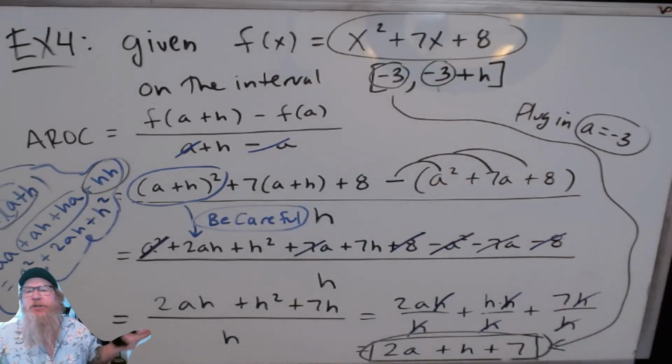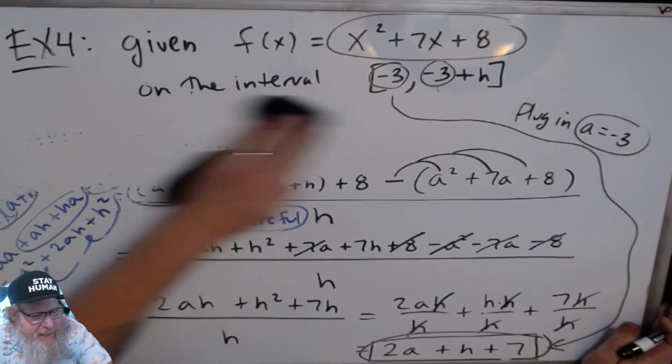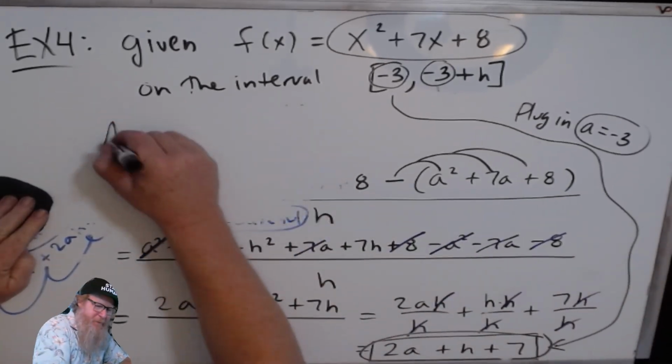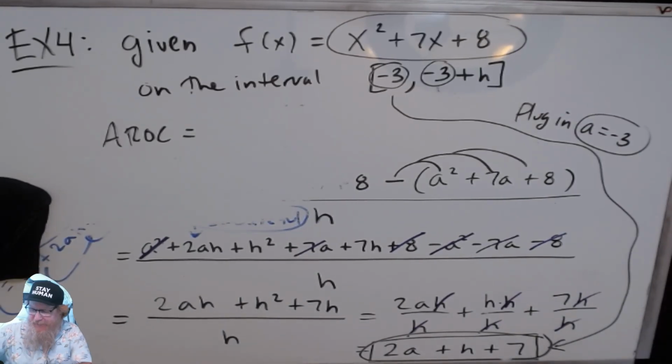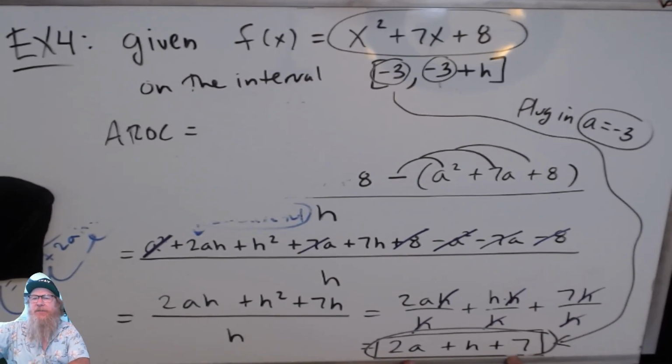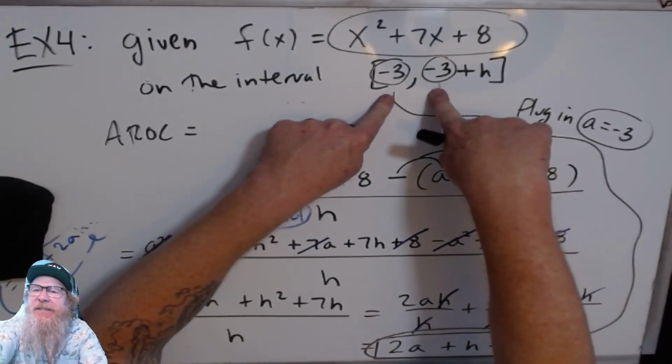Now, if the function changes, obviously you have to do this math again. But then you just plug in a. This is a new example now. So this is the answer to example 3: 2a plus h plus 7. In example 4, I'm being very specific with it.